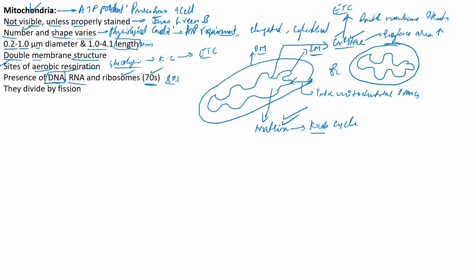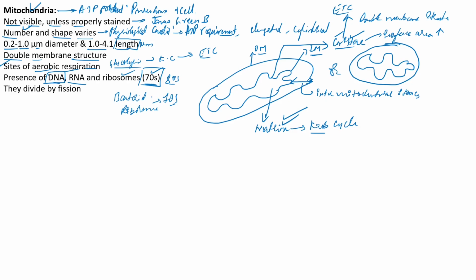Now, this number, 70S, reminds us of the prokaryotic ribosomes. If you look into bacteria, even the bacterial ribosomes are 70S. So there is very much a similarity between the ribosomes of the mitochondria and the bacterial ribosomes.